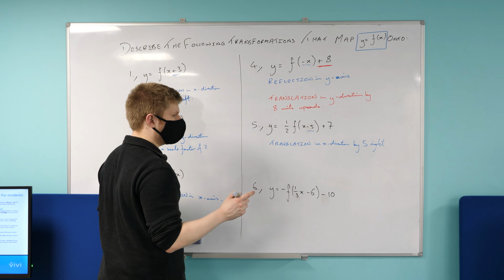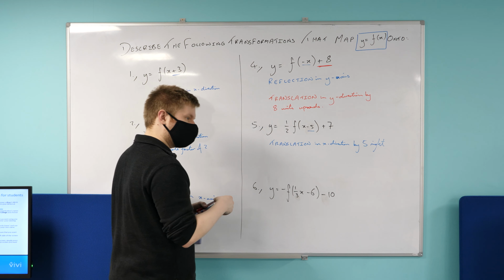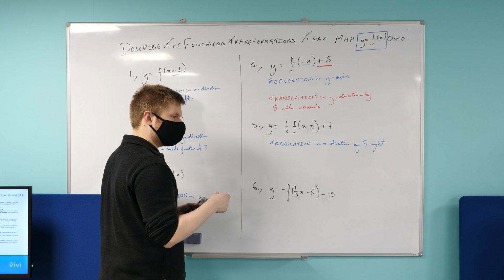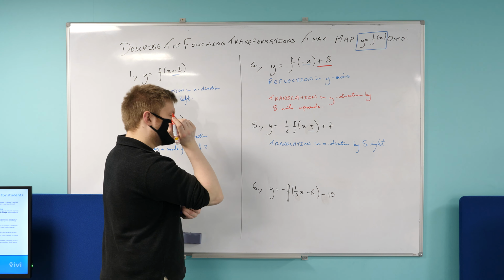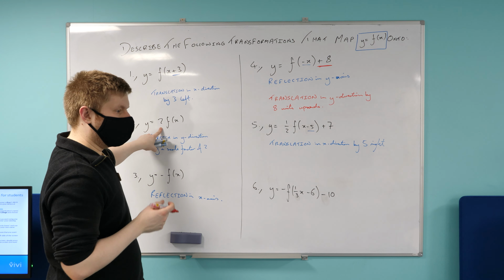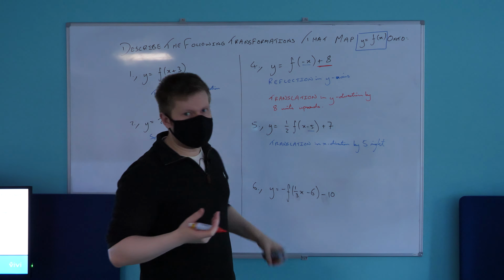And stretched by half. Okay, which direction is that stretch happening in? It's the y. It's a similar kind of one to what you're doing here. Because you're doing the multiplication after you've applied the function, it's a stretch in the y direction.